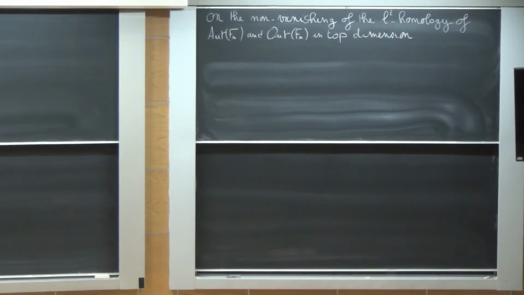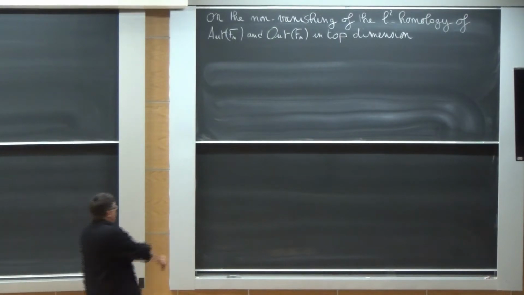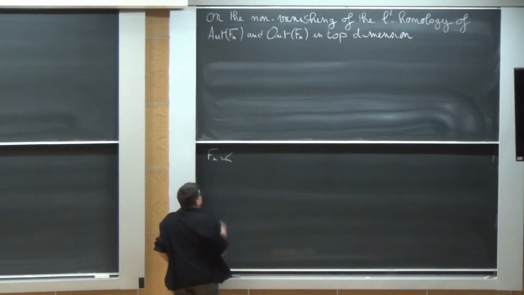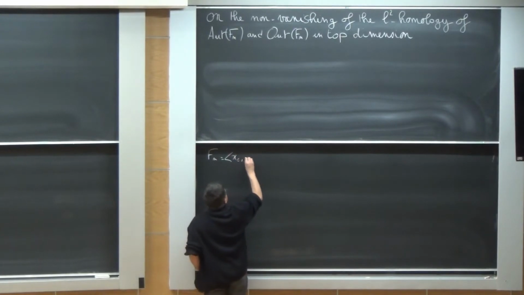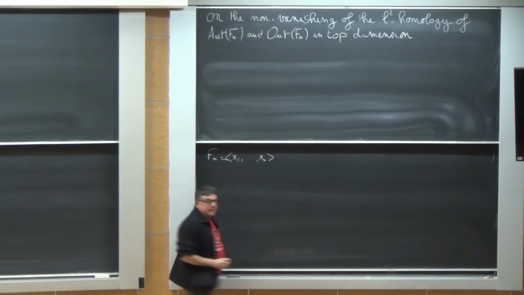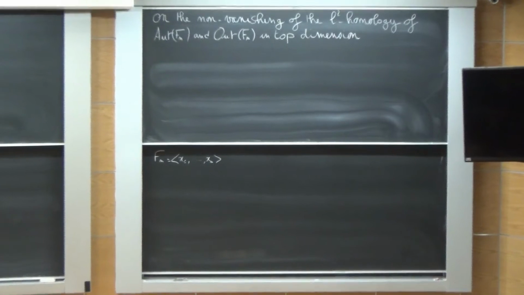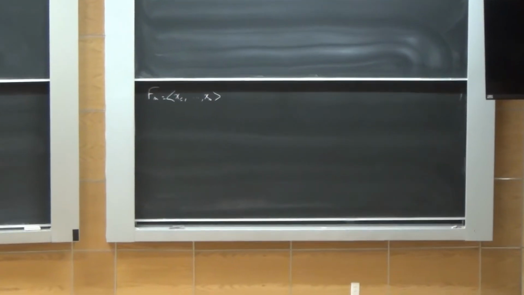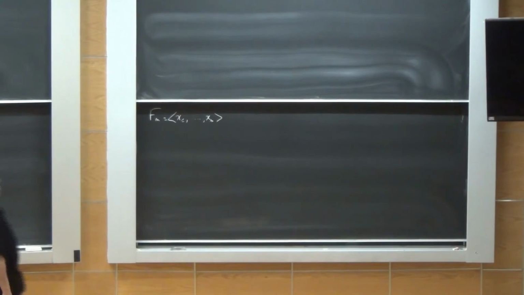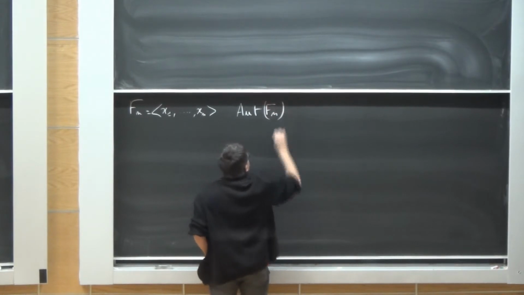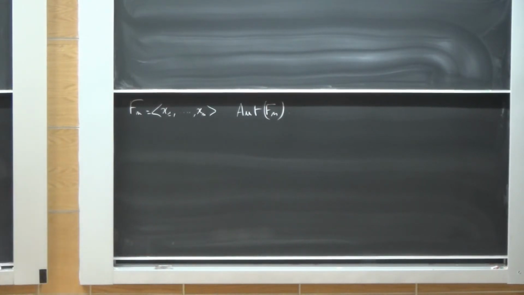mysterious title, maybe. So first of all, Fn is the free group on n generators. Let's say Fn is generated by x1, ..., xn. Aut Fn is the group of automorphisms of this group. So you know that when you have a group, among the automorphisms, you have the inner automorphisms.